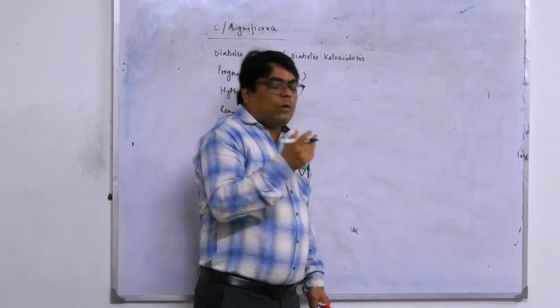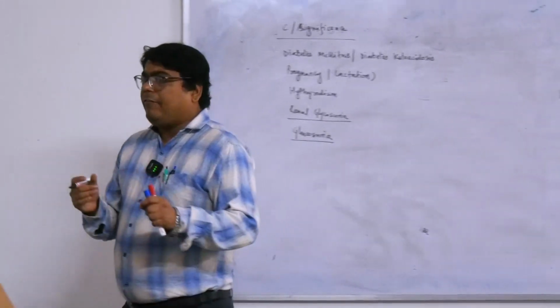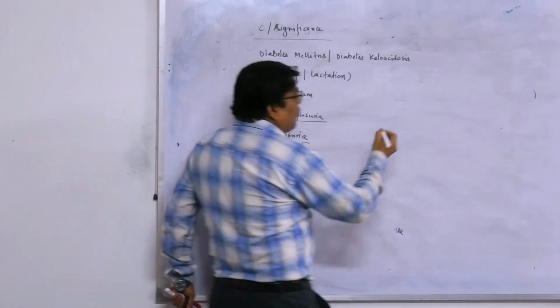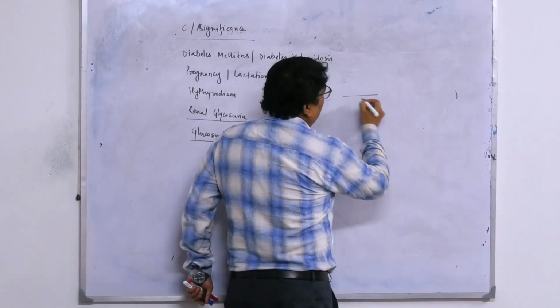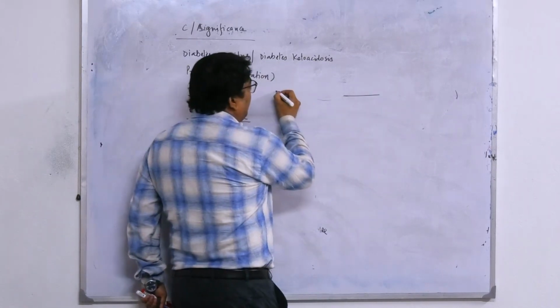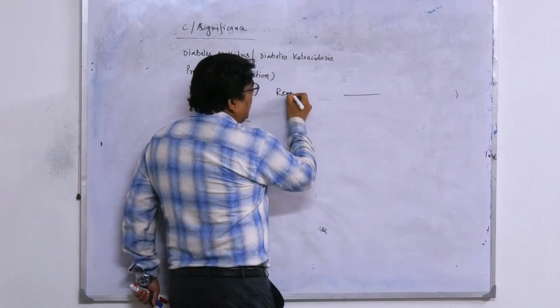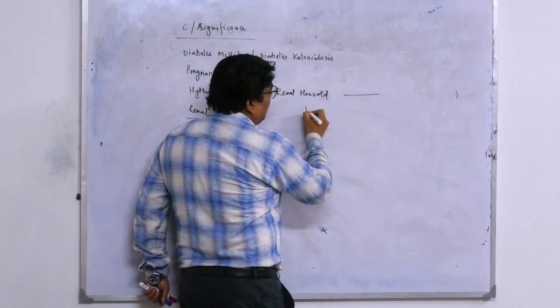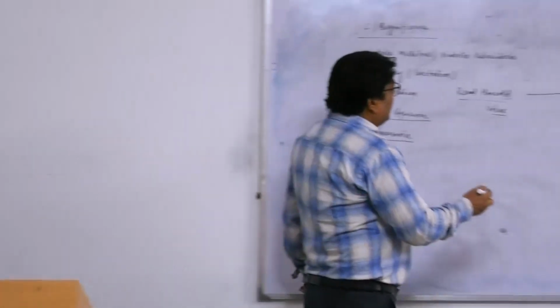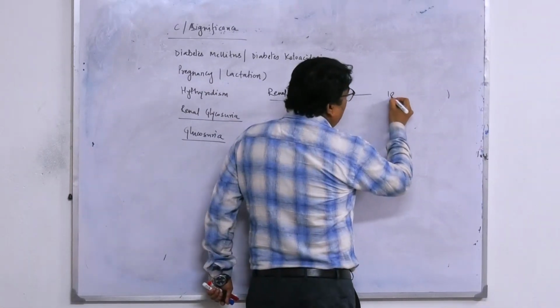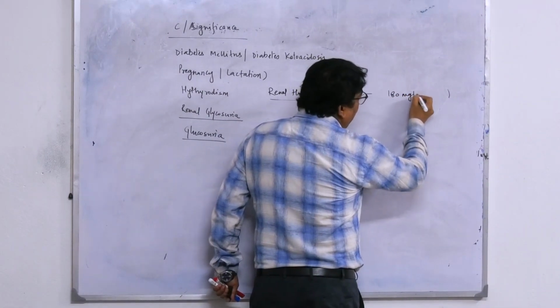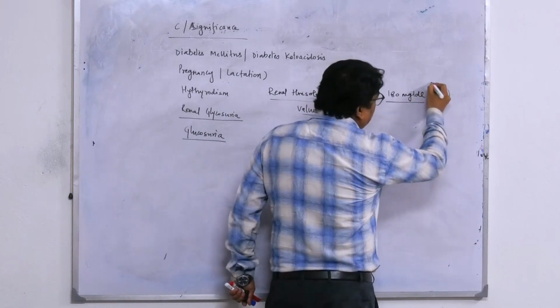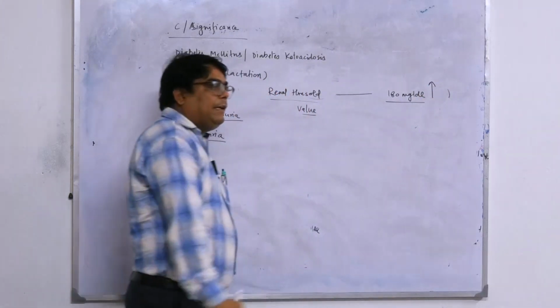Okay. So what happened here? If our blood sugar crosses the level of renal threshold value, that is 180 mg per dl. If the value of blood sugar crosses this barrier, what happens here?